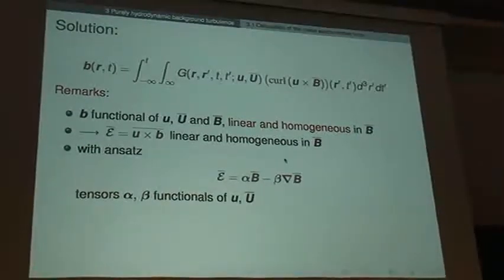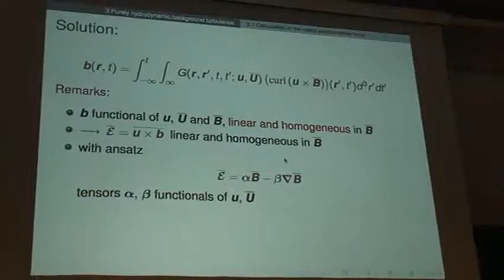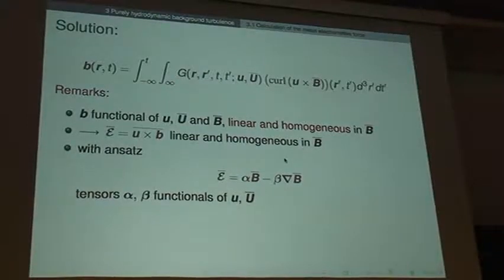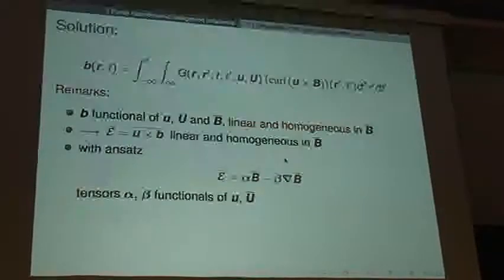If we make an ansatz of this sort, which you are quite familiar with, then it's again clear, because this is just a linear and homogeneous expression in the mean field, that alpha and beta, these tensors, are only functions of the velocities.